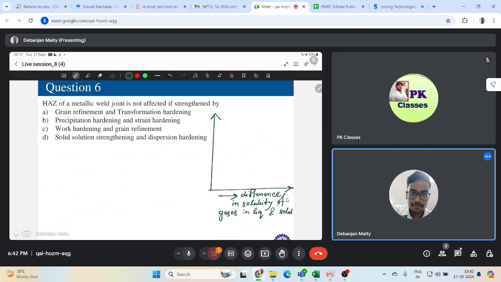By solid state I mean after solidification, and by liquid I mean just after melting.